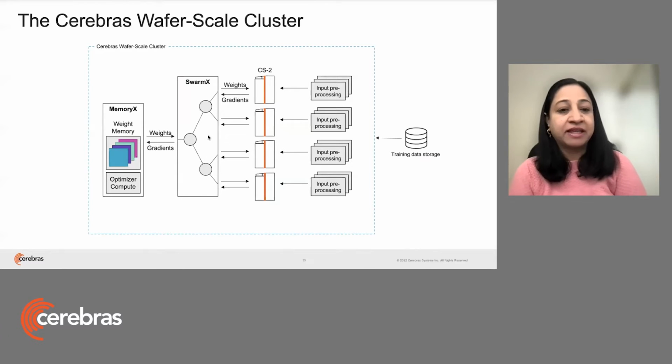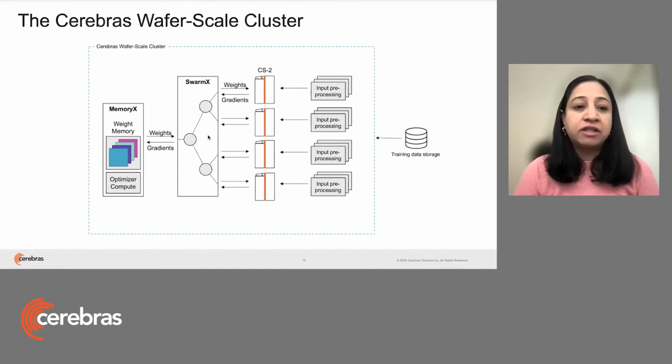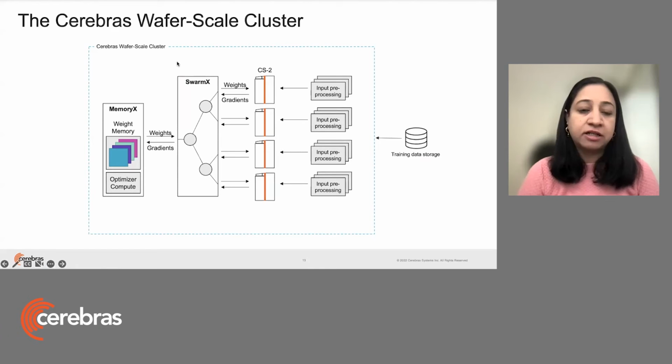Let's dive in. So here, introducing the Cerebras Wafer-Scale Cluster. Cerebras Wafer-Scale Cluster is our entire gear, the hardware gear, where we combine multiple CS2s and provide a way to scale from 1 CS2 to more CS2s as part of your deployment.